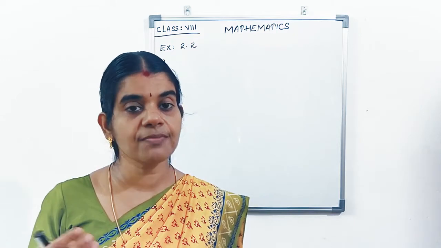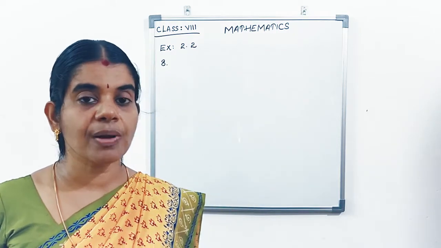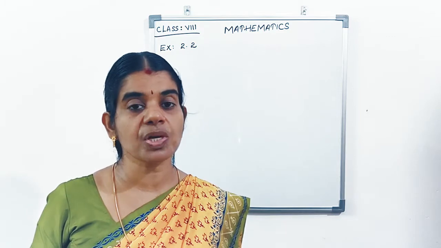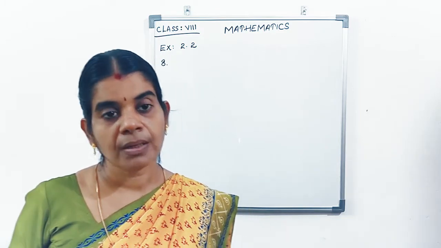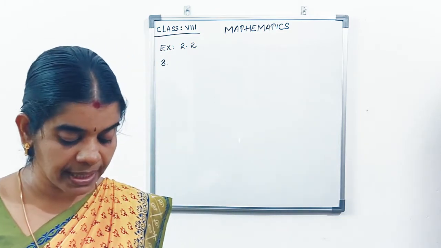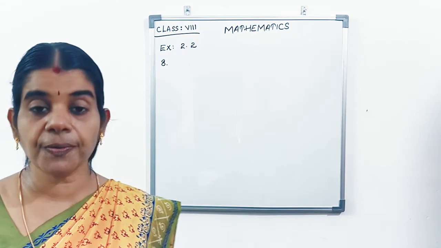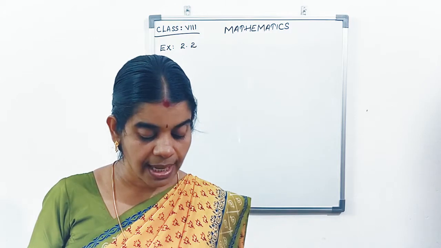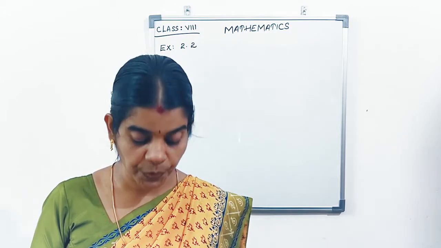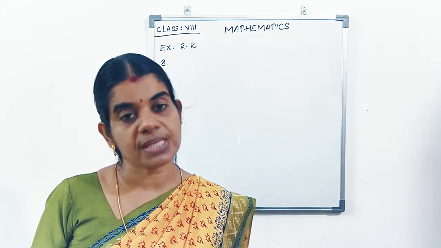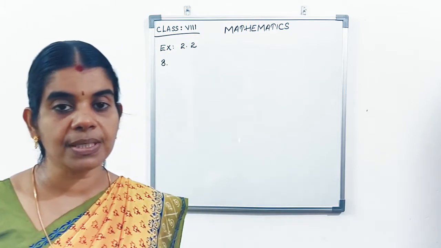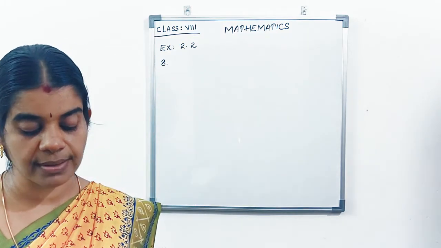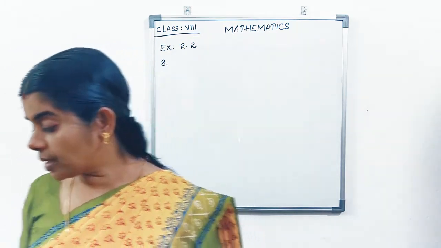If you take the first number as x, the next will be x plus 1, and the next number will be x plus 2. Then these are multiplied by 2, 3 and 4 respectively. When we add these three products, the sum is 74. Find these numbers.